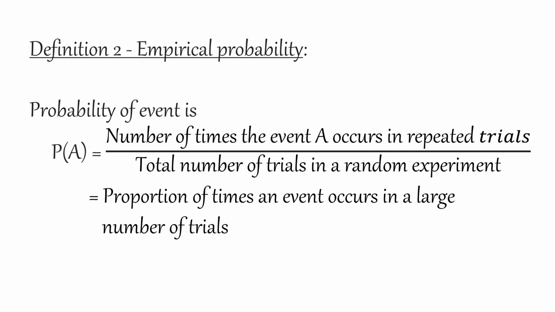Now, it is the number of times the event A occurs in repeated trials divided by the total number of trials in a random experiment. For example, for this empirical probability, I may look at the weather on a particular day for the last 20 years, and ask whether I can use some average of these to make a prediction.